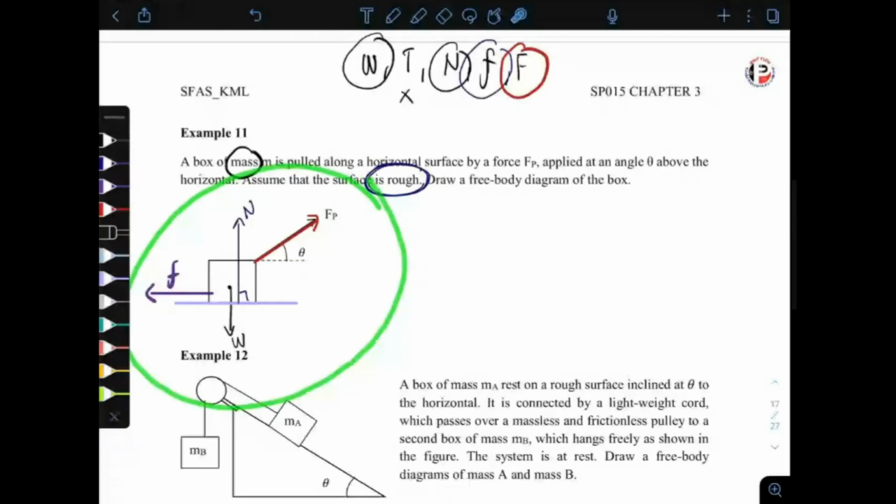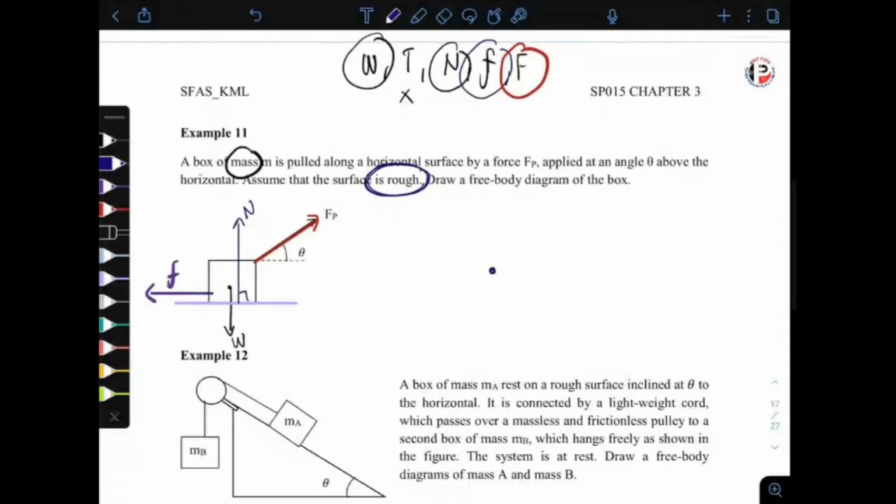Soalan suruh draw a free body diagram. Okay, maksud free body diagram adalah, ini cara kita nak lukis free body diagram. Free body diagram ni adalah rangka sahaja. Dekat sini kita kena assume objek kita as a dot. So you're going to start with your object being a dot dekat sini.